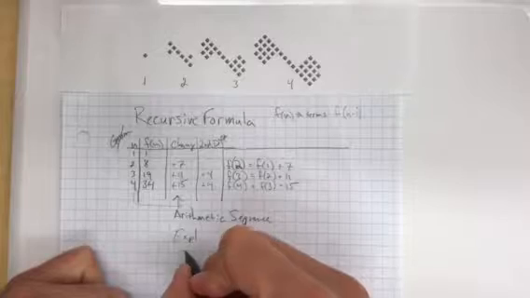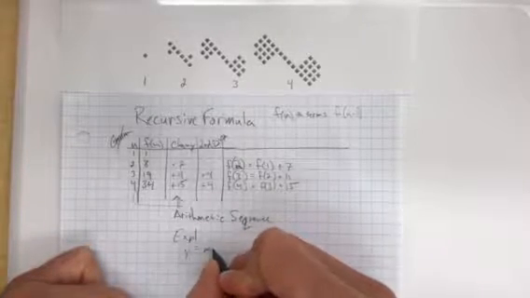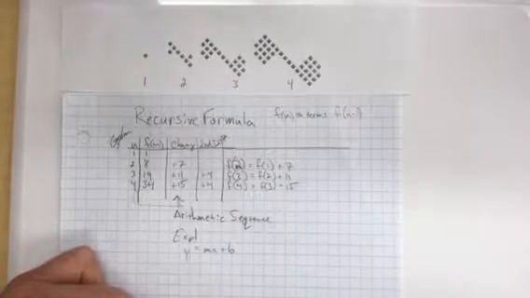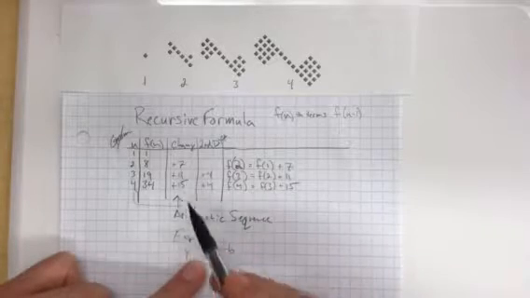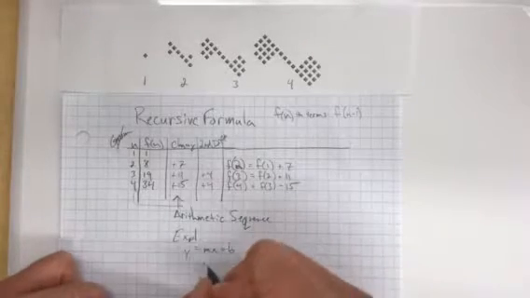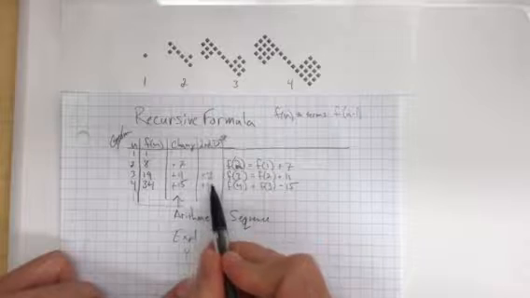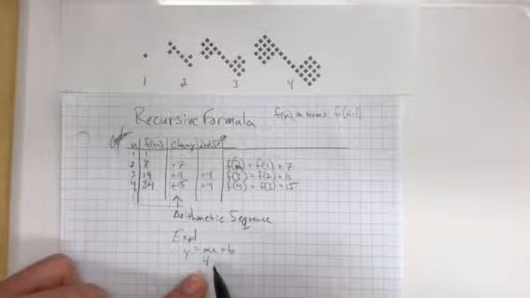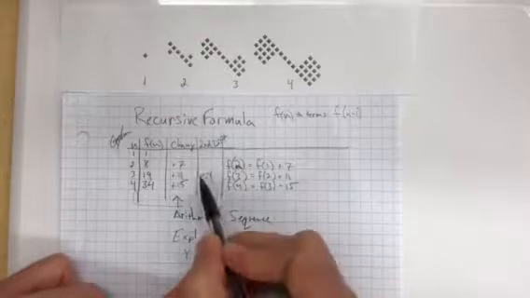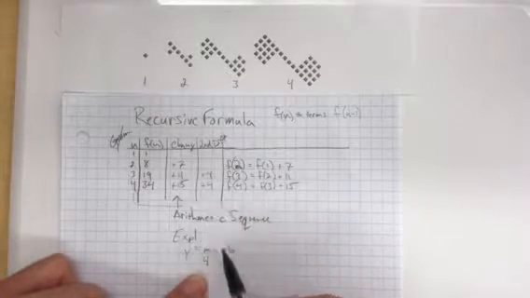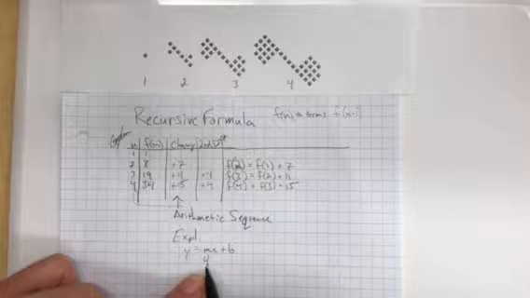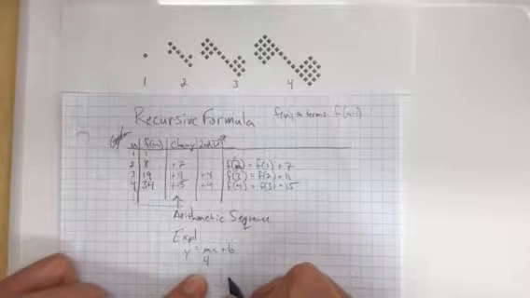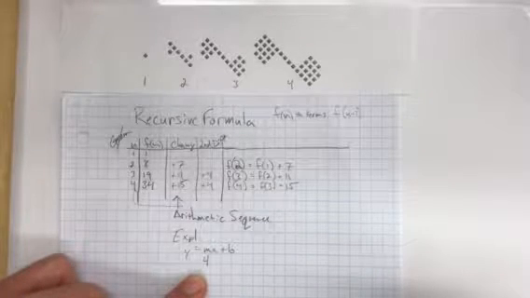Okay? So it's going to take the form of y equals mx plus b, right? Because it's an arithmetic sequence. We know the change is 4. Each step it adds 4. So however many x's, it's going to have those many changes of 4. And then now we're trying to find b.